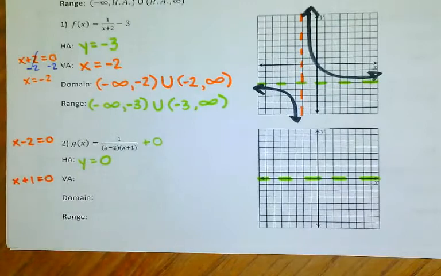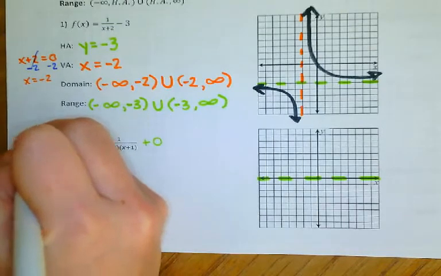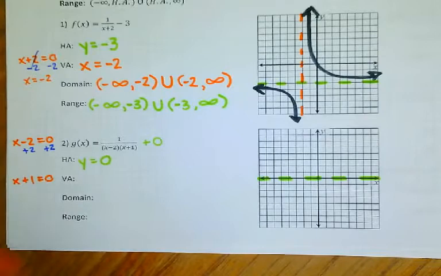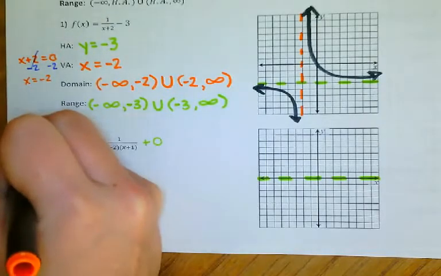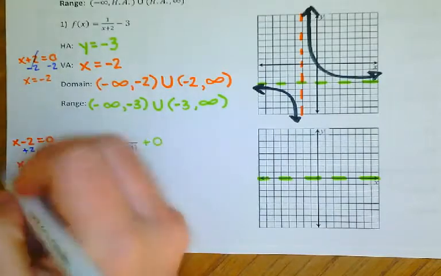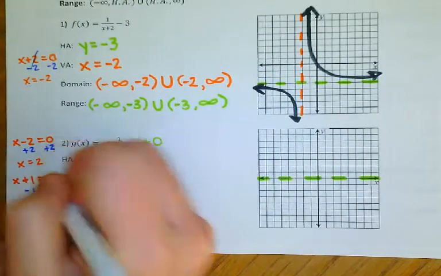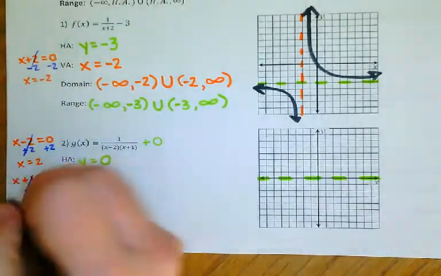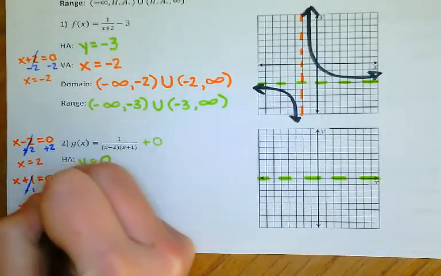And we're solving for x for both of those, meaning we're going to have two vertical asymptotes. So I'm going to add 2 to both sides, and that's going to get me x equals 2. And then here I'm going to subtract 1 from both sides, and that's going to get me x equals -1.